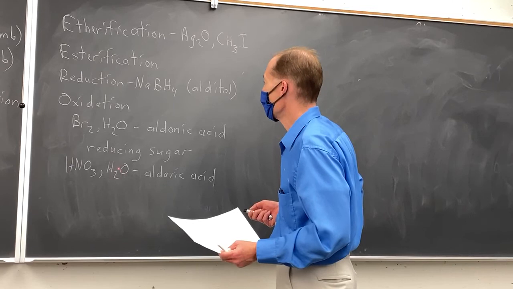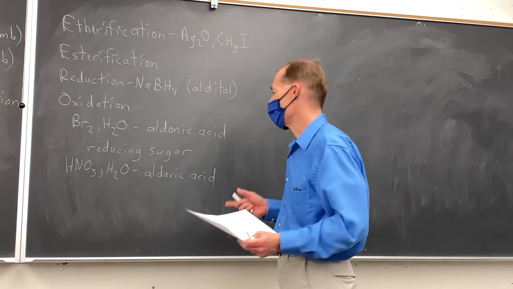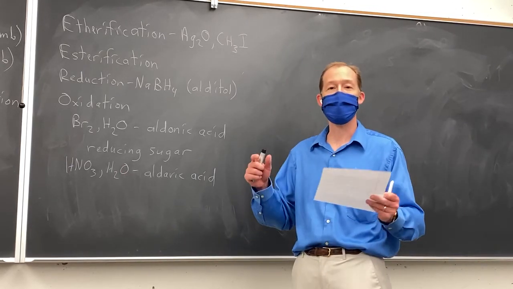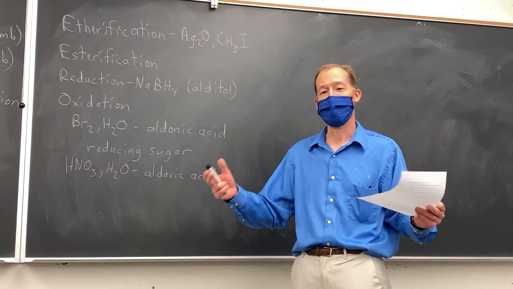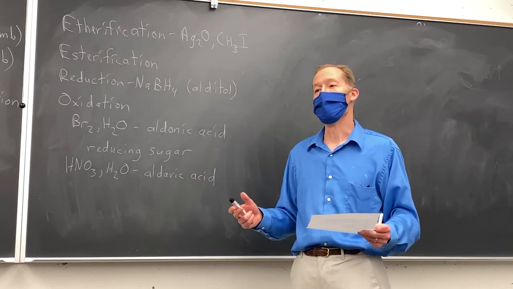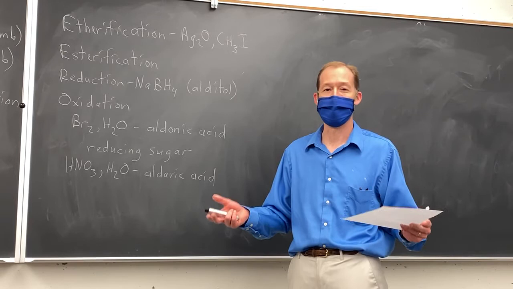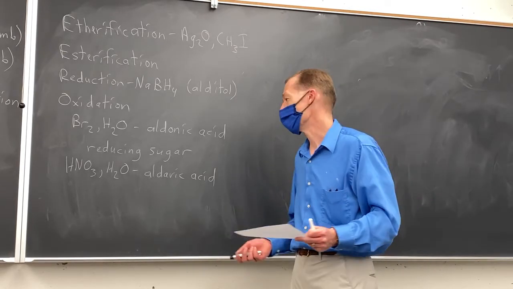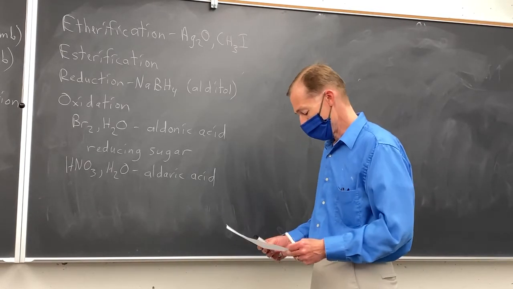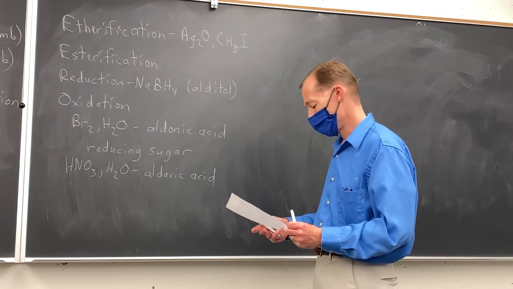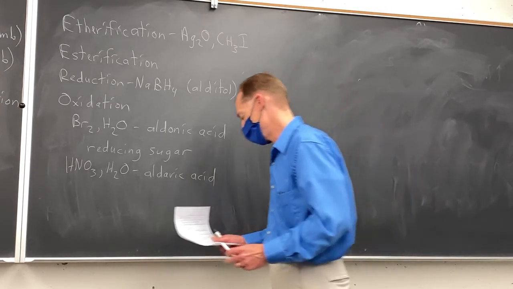So this is comparable to the sodium borohydride reduction because it gives us two of the same functional group at each end of the chain. So in some cases, it will give us a chiral product. In other cases, it will give us a meso product. Okay? So those are our redox reactions of monosaccharides.